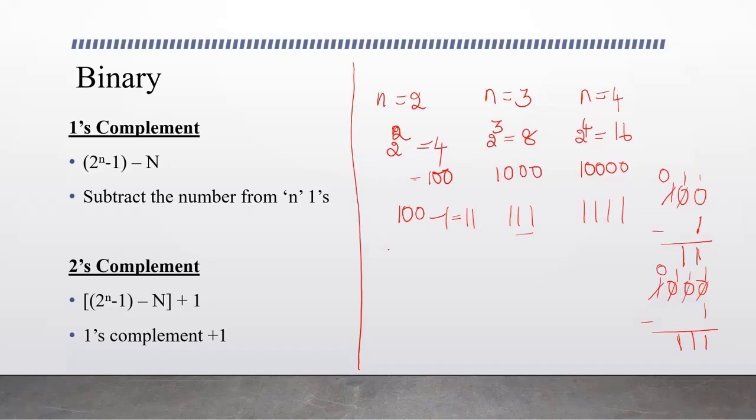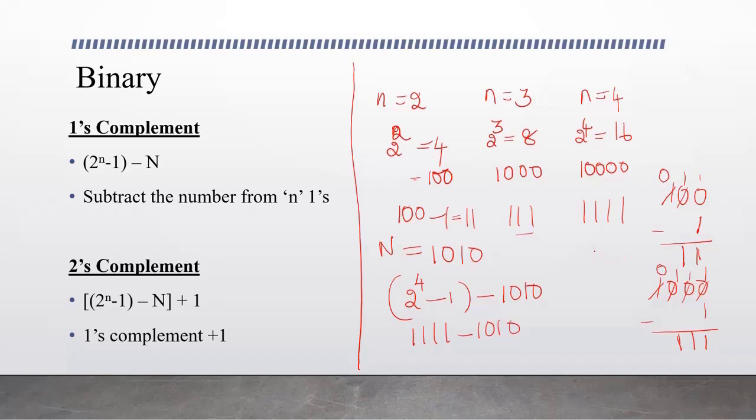Let's take an example here. Let's say N is 1010. To find the 1's complement, we write 2 power 4, since it has 4 digits, minus 1 minus 1010. 2 power 4 is 16, that is 10000, and minus 1 is 1111, minus 1010.